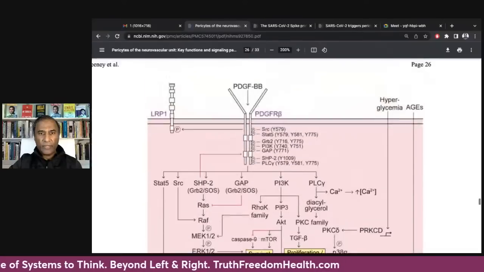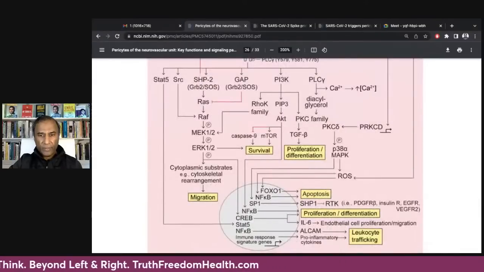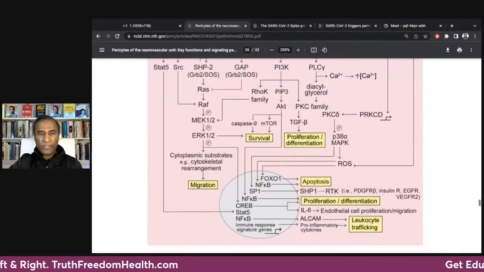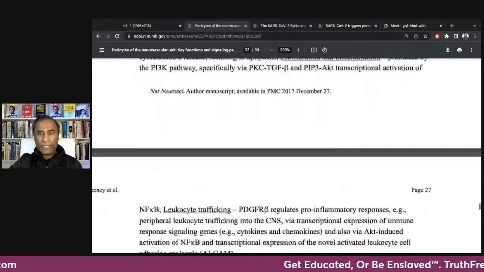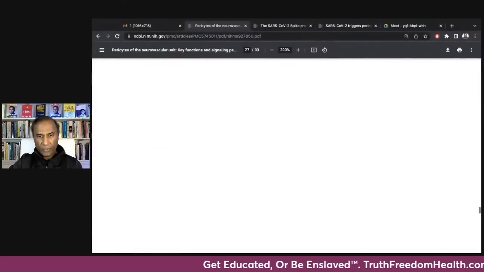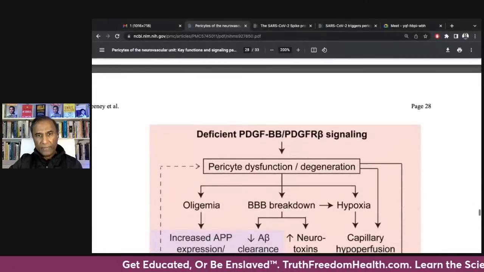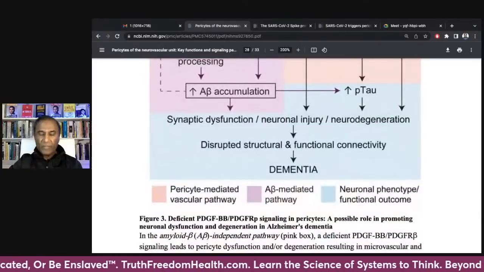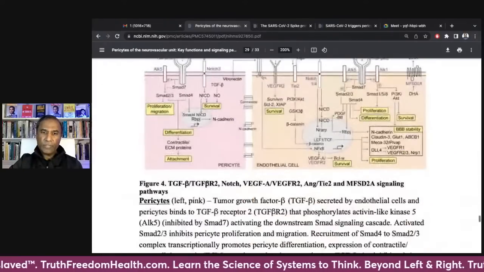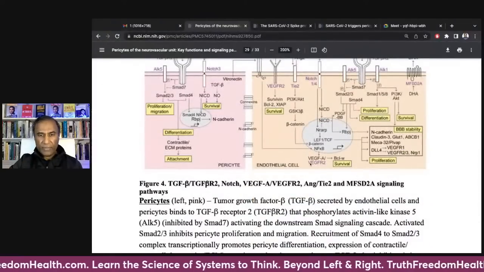So here are all the molecular pathways in the endothelial. And you see the endothelium is involved in all sorts of important things. And then here is every pathway that was done over here in the pericytes themselves. And then here's everything that was done between the pericytes and the endothelial.